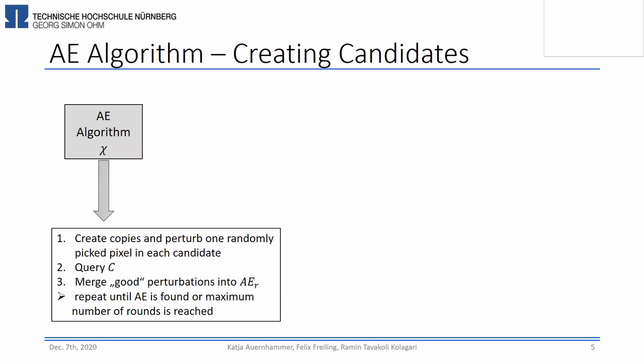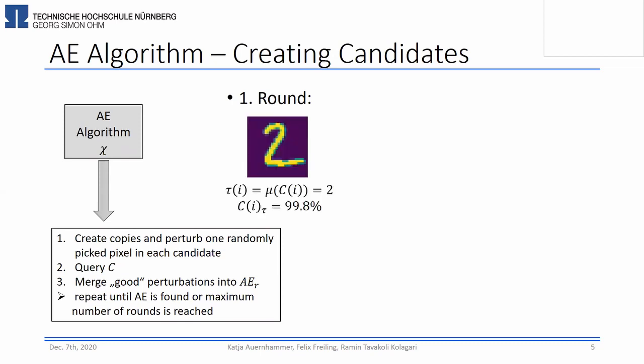We noticed one interesting thing while running our algorithm. Imagine we have the first round of the algorithm. We have an image we would like to turn into an adversarial example, and this image is classified correctly by our algorithm with a probability of 99.8%.